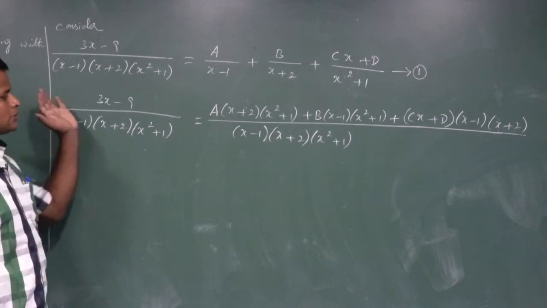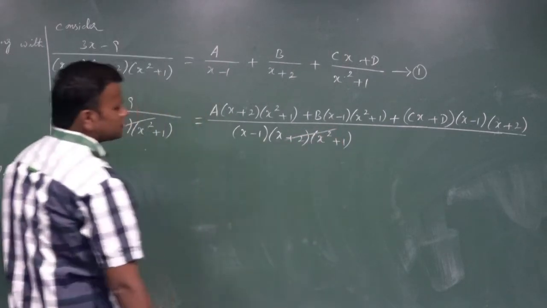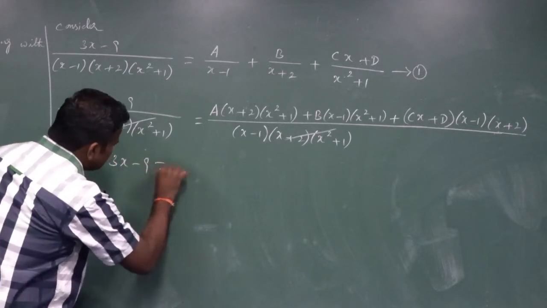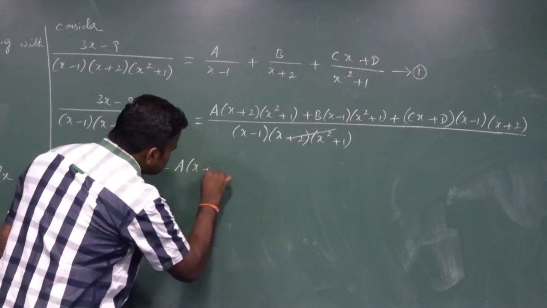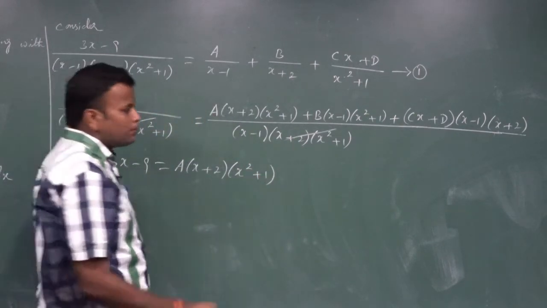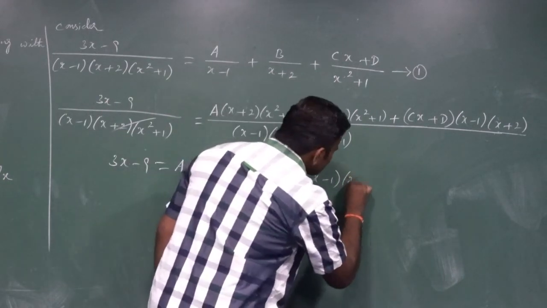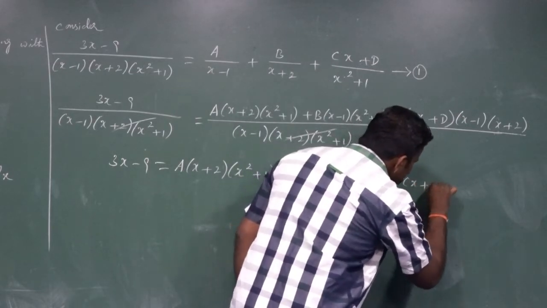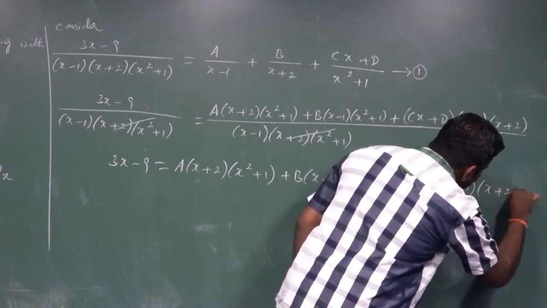Now you see that in both the LHS and RHS the denominators are the same, so both denominators are cancelled. Remaining is 3x minus 9 on the LHS, equal to the RHS: a of (x plus 2) into (x square plus 1) plus b of (x minus 1) into (x square plus 1) plus (cx plus d) of (x minus 1) into (x plus 2).